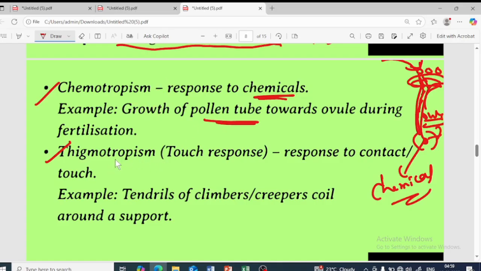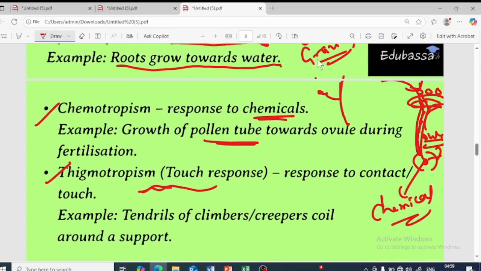Chemotropism. Next is thigmotropism. Thigmotropism is nothing but a response to touch. For example, tendrils of climbers. Just imagine creepers, isn't it? Just imagine there is one stick over here. What happens when it touches the stick? It is very sensitive to touch. Hence the growth will be very slow in this place.